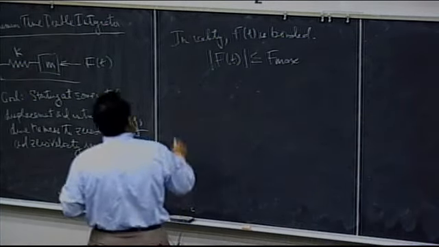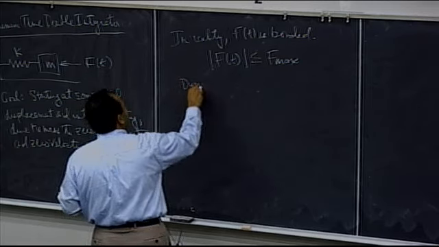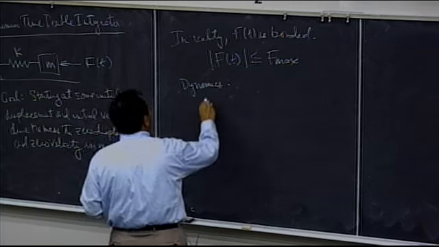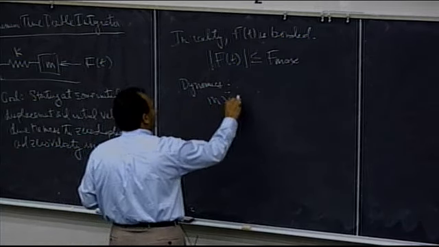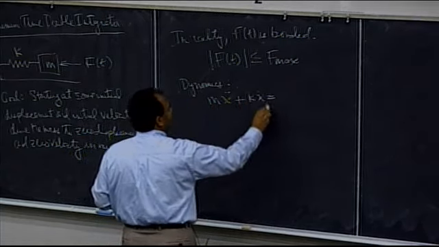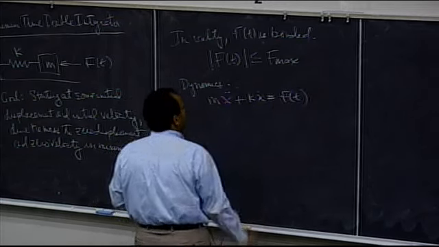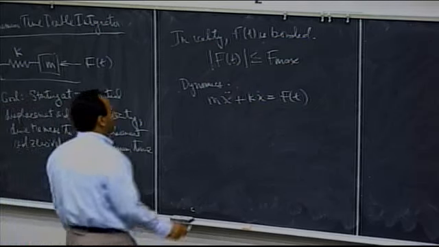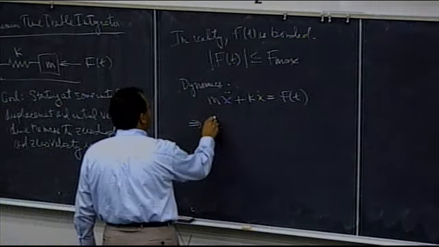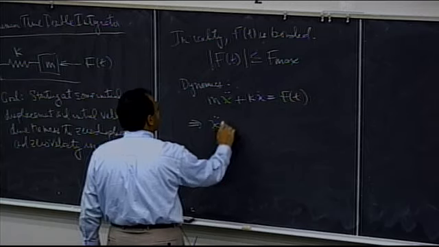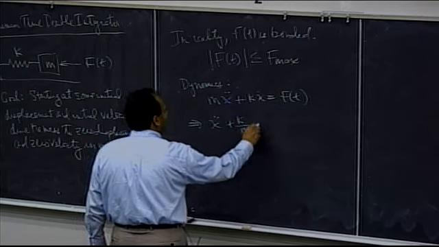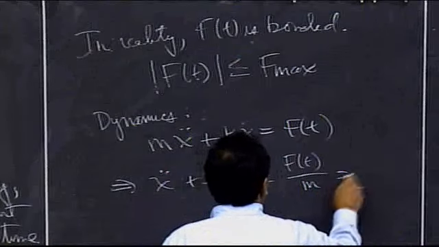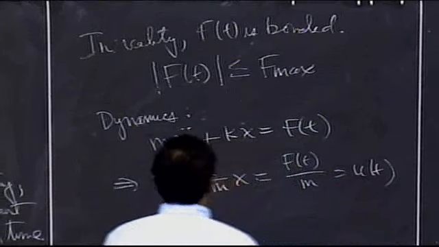Now, let's look at this problem in that particular case. The dynamics of the system, if you write them in second order form, I won't go through any derivation. This is not a dynamics class. It's m x double dot plus k x equals f of t. It's a simple system. It's just an oscillator, right? It's not really that big a deal. So we can rewrite this as x double dot plus k over m x equals f of t over m, which we'll just define as u of t.